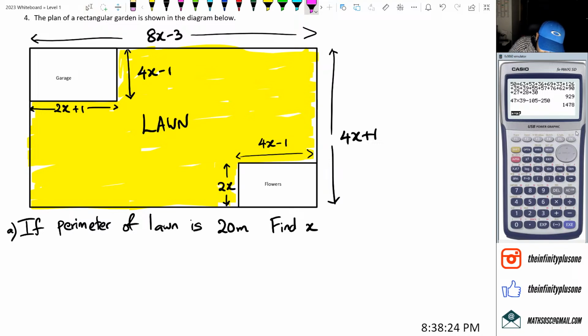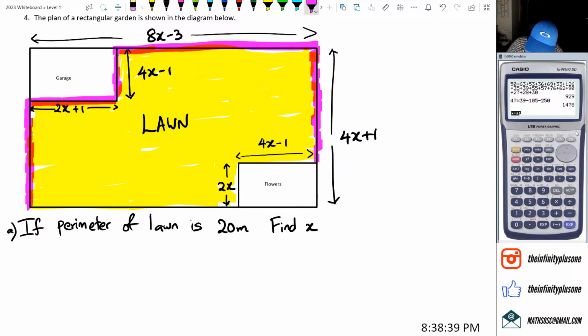Let's start from the bottom left and work our way up. It's basically this part, this part here, then this one, and this. This is what equals 20 meters.